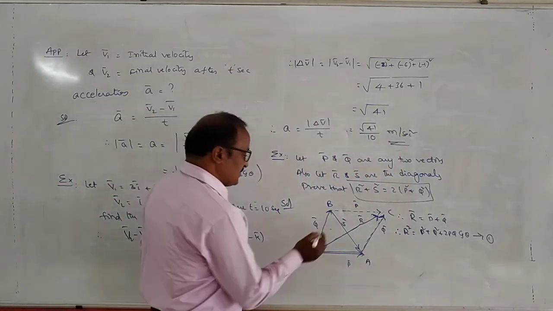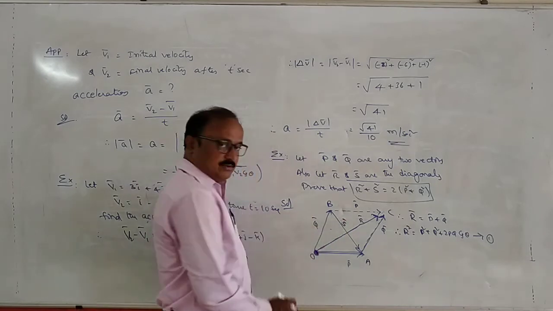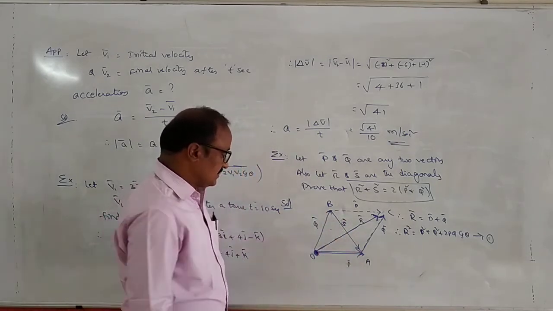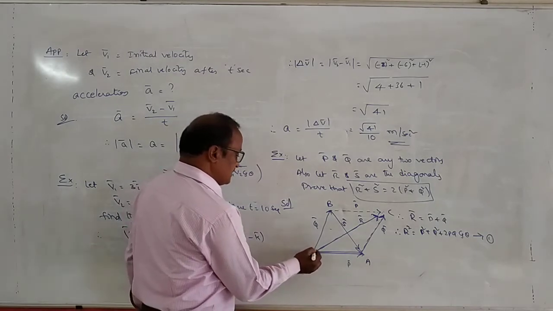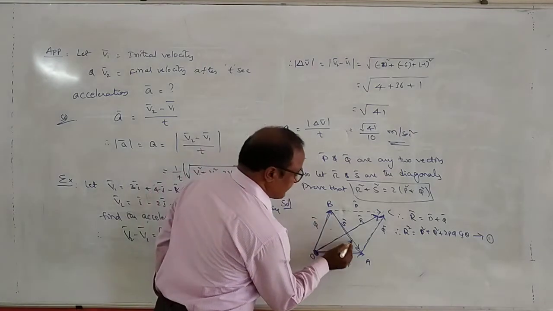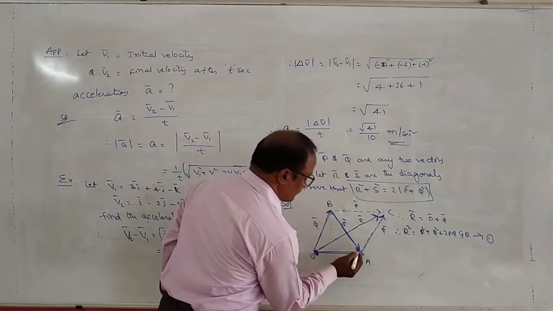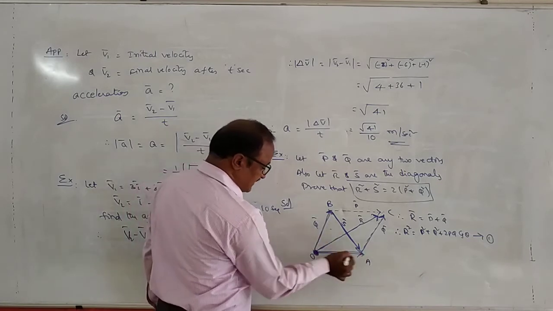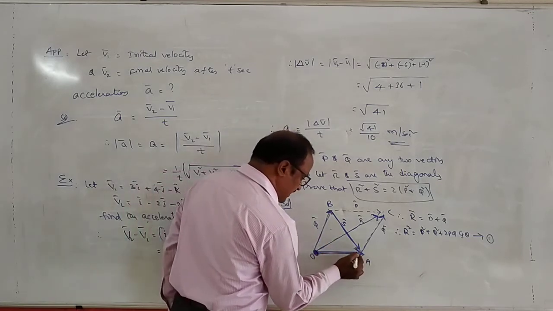Next one, S bar is the other diagonal. Observe, this is the first vector q bar, and this is the second vector S bar. The tail of the first vector is joined with the head of the last vector by a straight line, and this is an arrow.